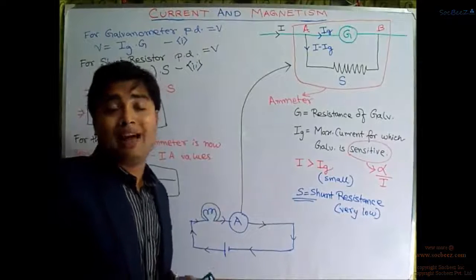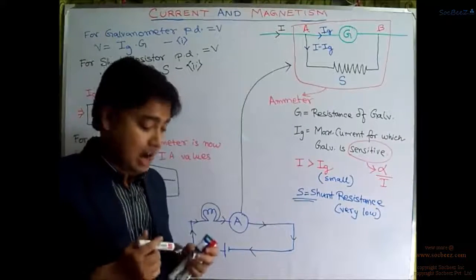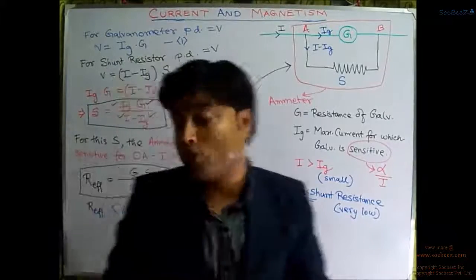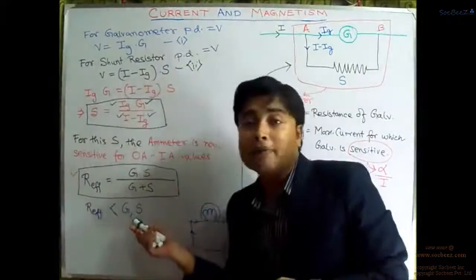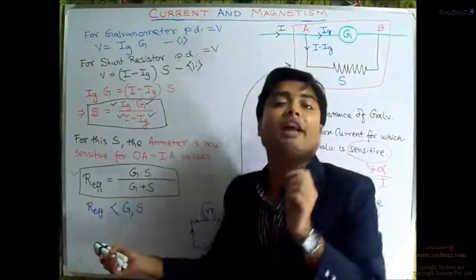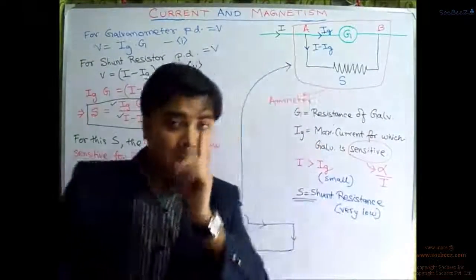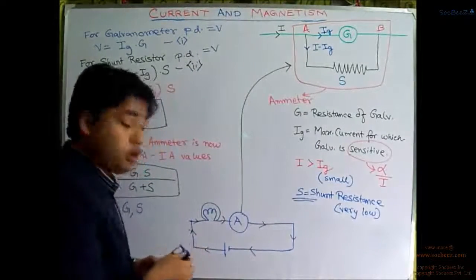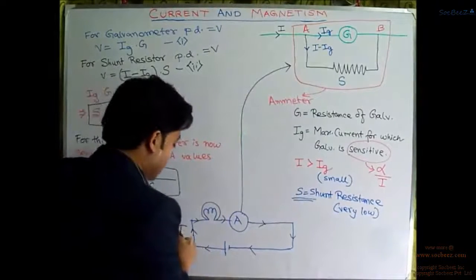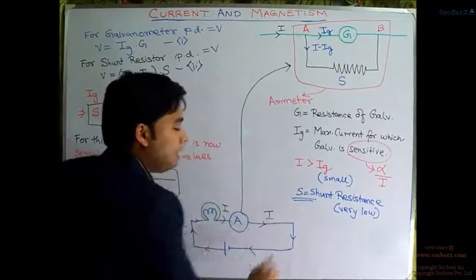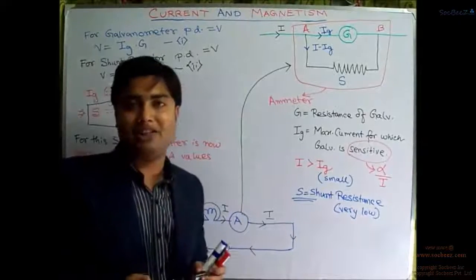Now, why are ammeters placed in series in the circuit? The answer is on this line. Because the effective resistance is very, very low, it would not hamper the current I that is flowing through it. It will remain the same as it is.